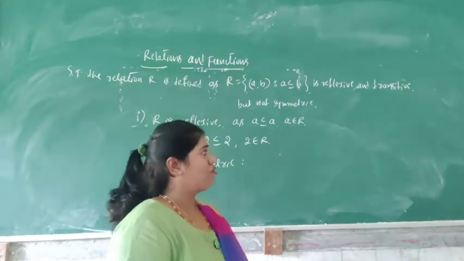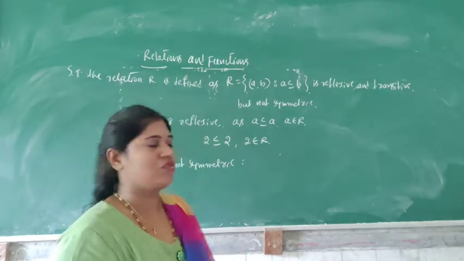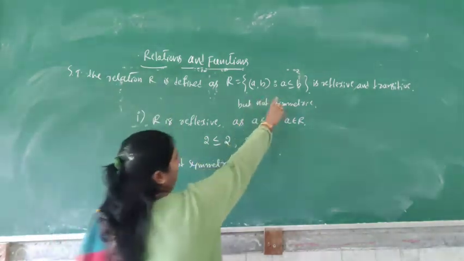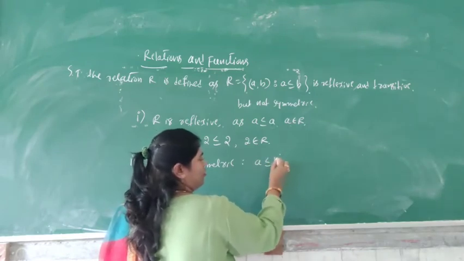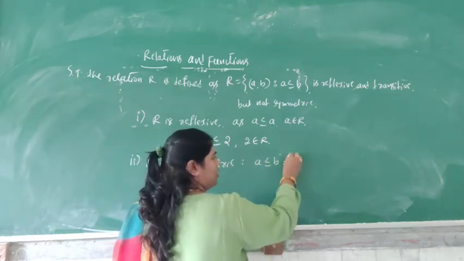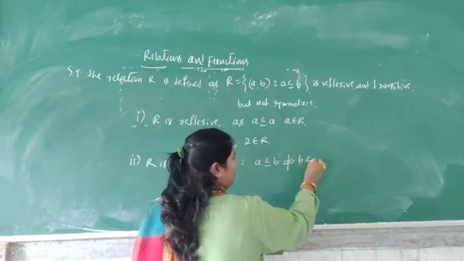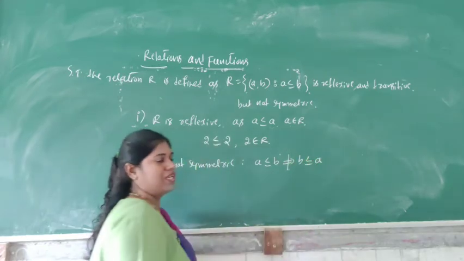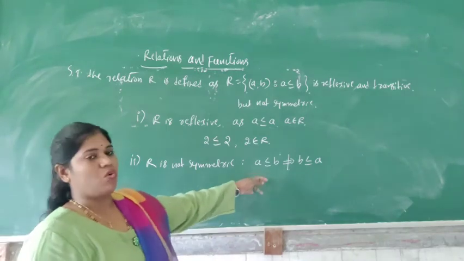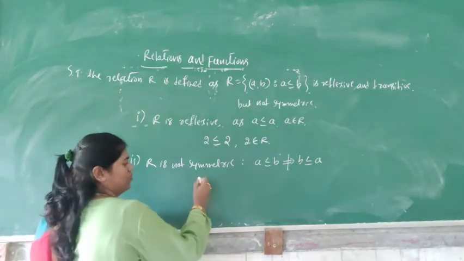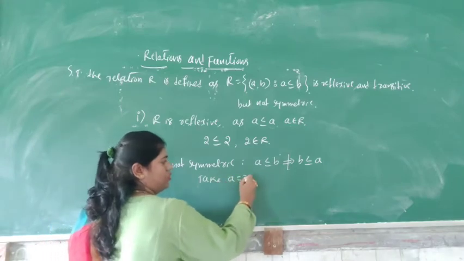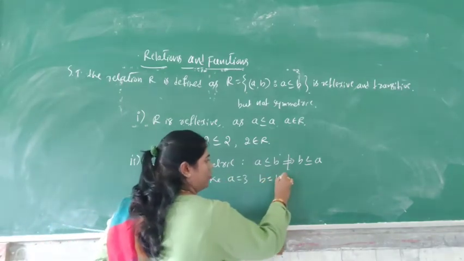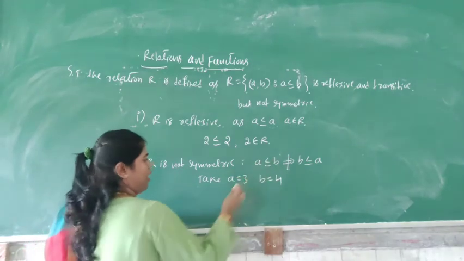If (a, b) belongs to R, then (b, a) should also belong to R. But what is R here? a less than or equal to b does not imply b less than or equal to a. We can give a counter example. Take a equals 3, b equals 4. What will happen?